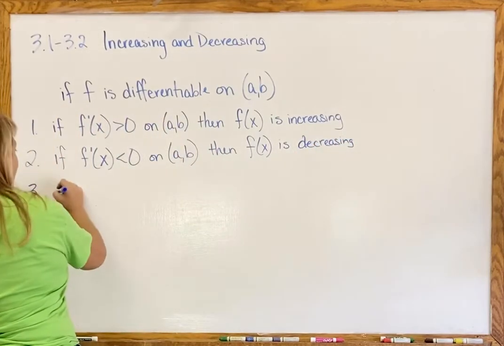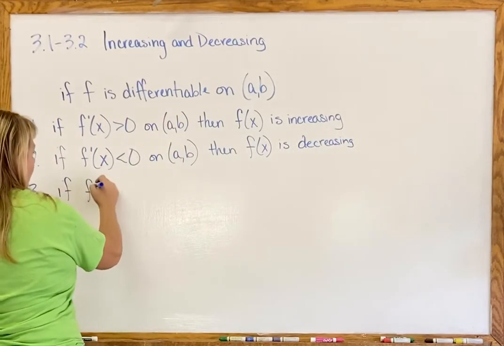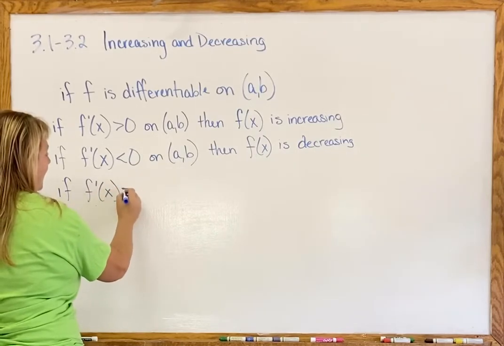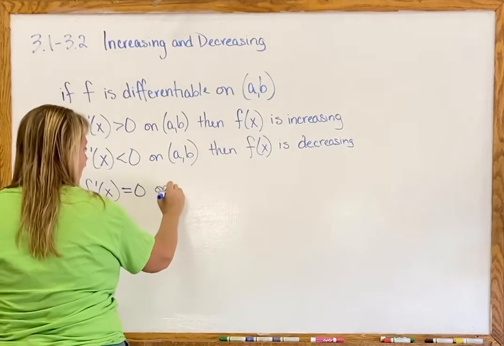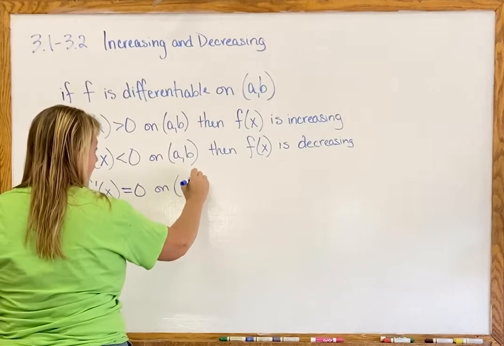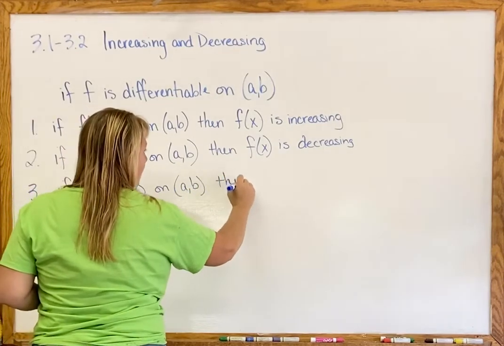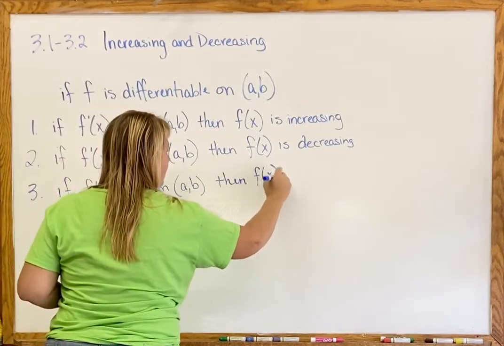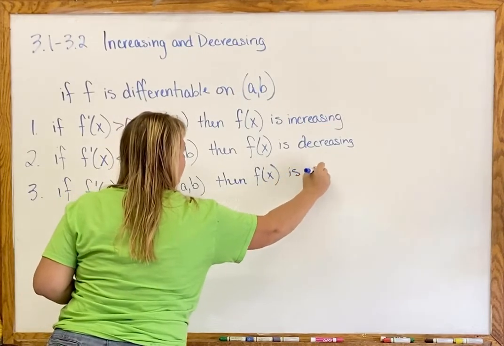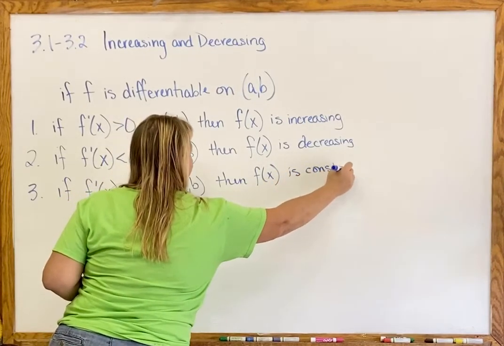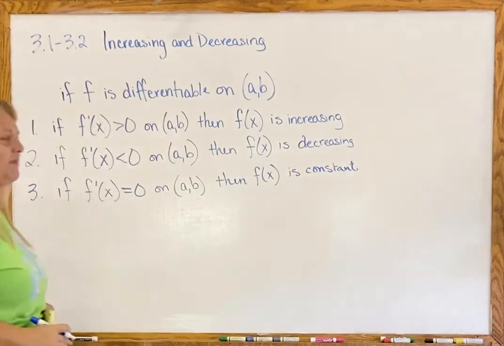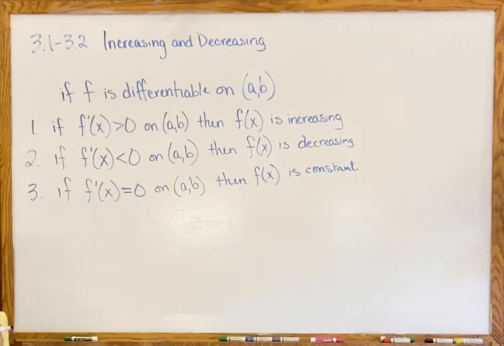And third, if the derivative is equal to 0 on an interval a to b, then the original function is constant. That doesn't happen very often, but it could, okay?